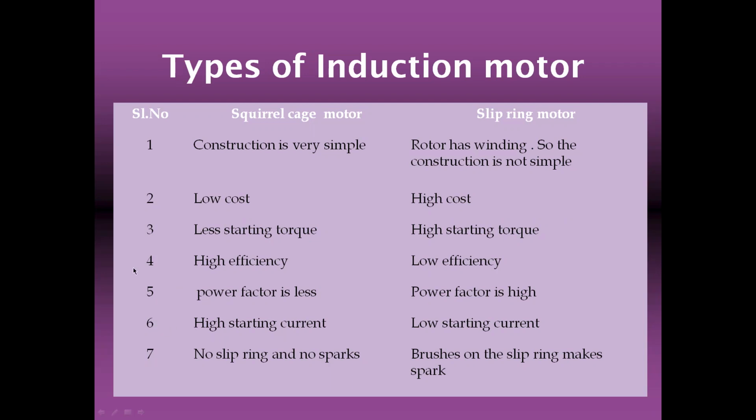Mainly these two, points 3 and 6. These disadvantages are improved in the slip ring motor, but the slip ring motor has a higher cost and more maintenance is required. There is sparking, and slip rings are required. Got it?